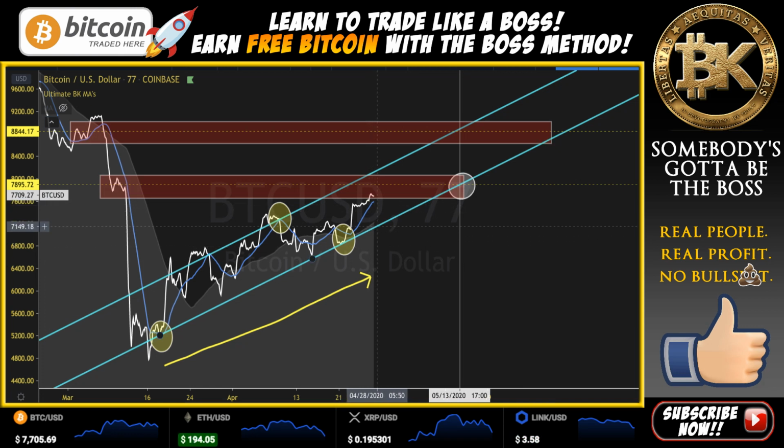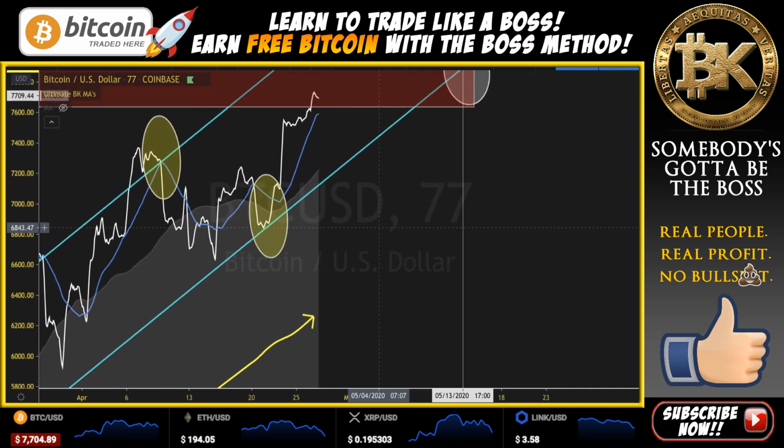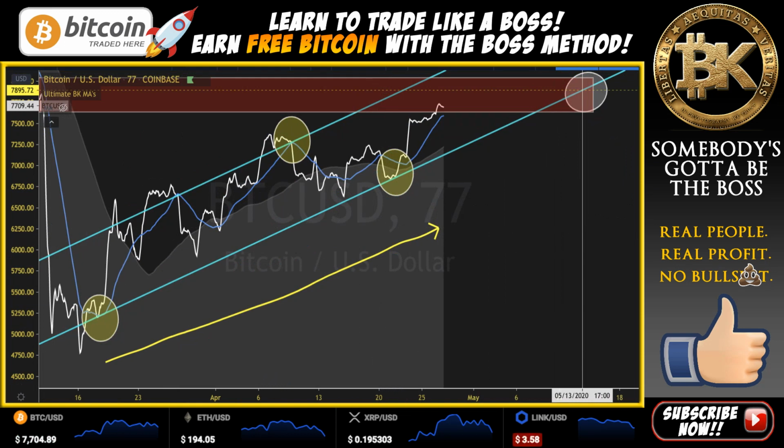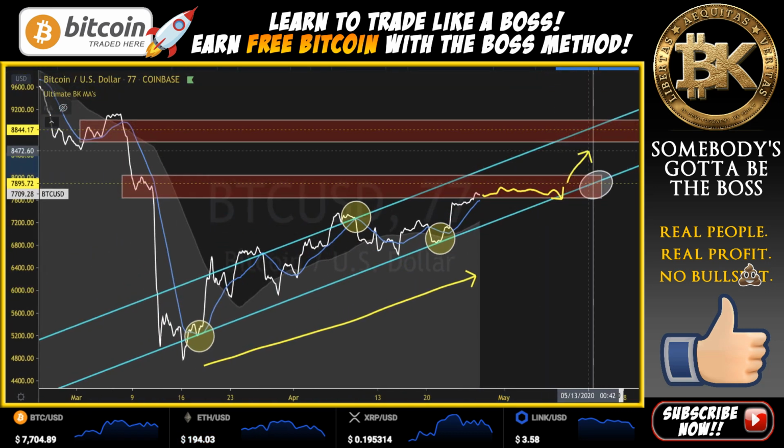We could keep squeezing in that little bitty area, but eventually it's either going to have to make a move to the up or to the down, right?